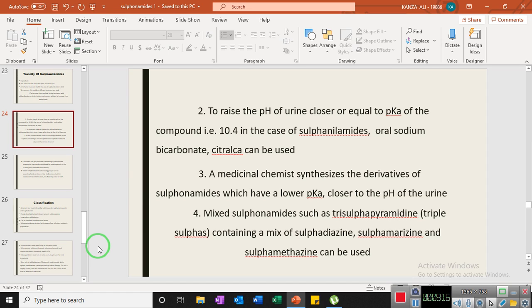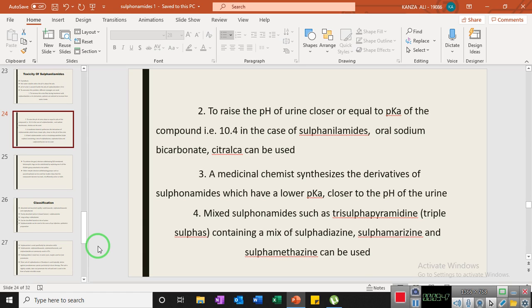sulfacetamide, the pK value is 5.4. Sulfamethoxazine, pK value is 7.2. Sulfamethoxazole, pK value is 6.1. Sulfadiazine, the pK value is 6.5.